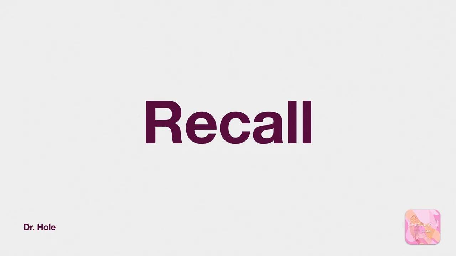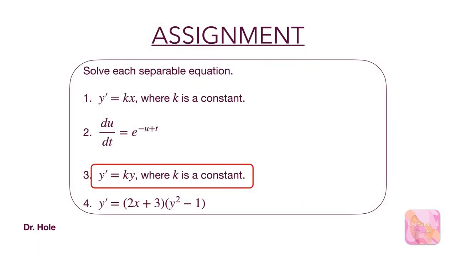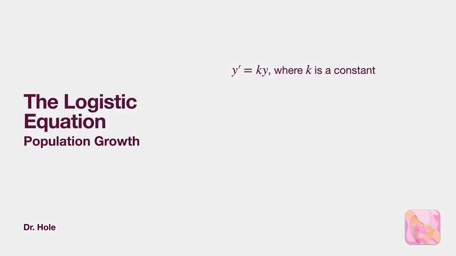In a previous assignment, you had a separable equation in the form of y prime equaling k, constant k, times the unknown y. That equation produces an exponential growth model for population.